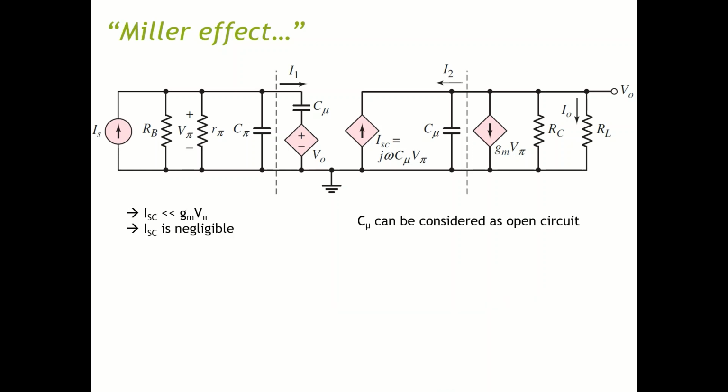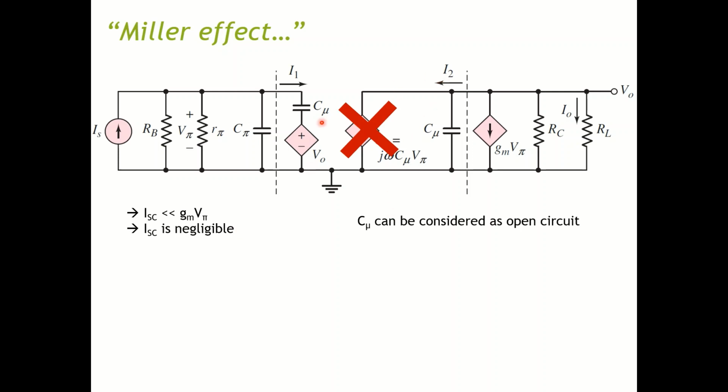What are the conclusions that we learned from the previous slide? For typical operational frequency for BJT, there are two things that we can assume or estimate in here. First of all, since this dependent current source ISC is a lot smaller than Gm V pi, we can consider that ISC is negligible.